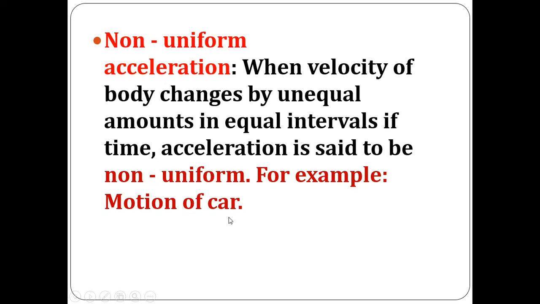When we are driving a car and sometimes apply a sudden brake, there will be a change in the velocity of the body, isn't it? So when velocity of a body changes by unequal amounts in equal intervals of time, acceleration is said to be non-uniform. Understood, children?